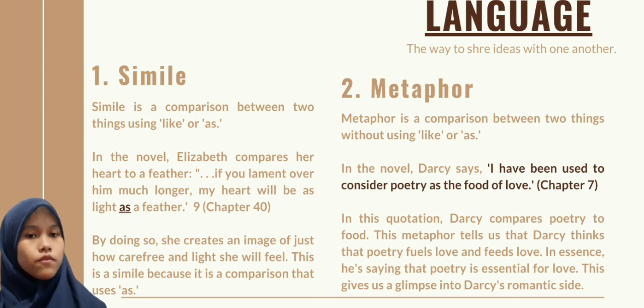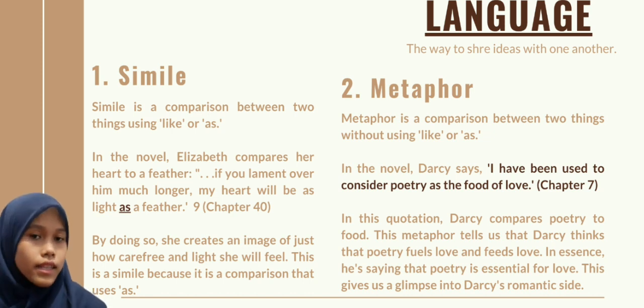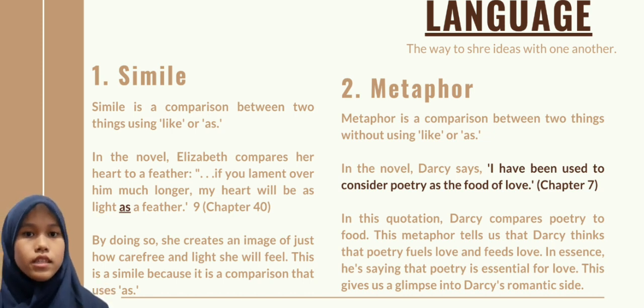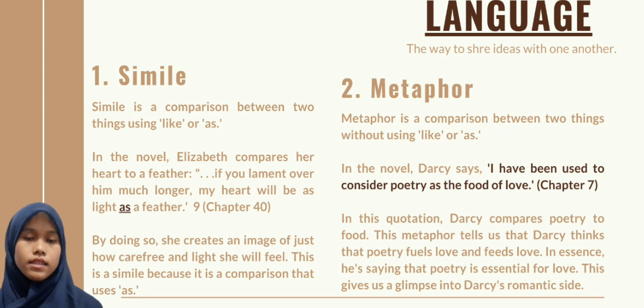In this chapter 40. That means Elizabeth creates an image of just how carefree and light she will feel. This is a simile because it is a comparison that uses as.